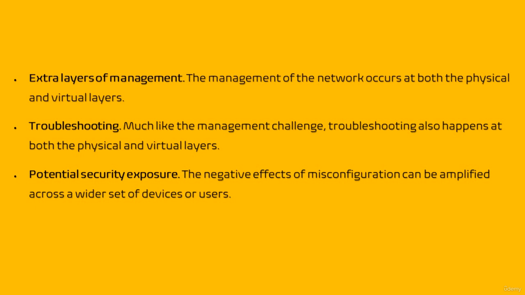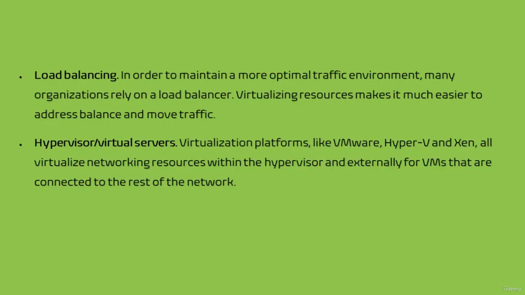Troubleshooting. And much like the management challenge, troubleshooting also happens at both the physical and the virtual layers. Potential security exposure. Now, the negative effects of misconfiguration can definitely be amplified across a wider set of devices or users. You follow? So, you ready for some examples of virtual networking?